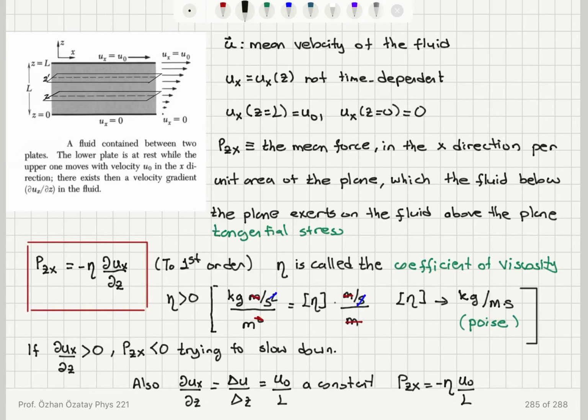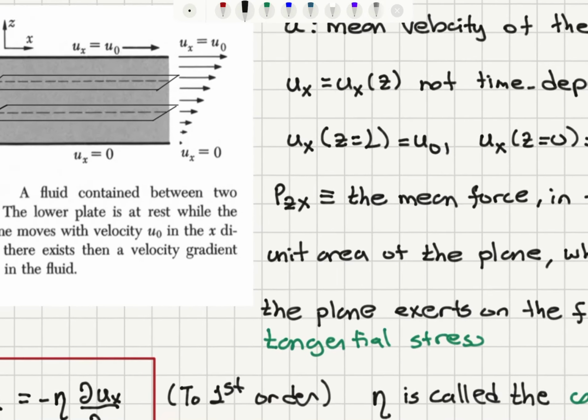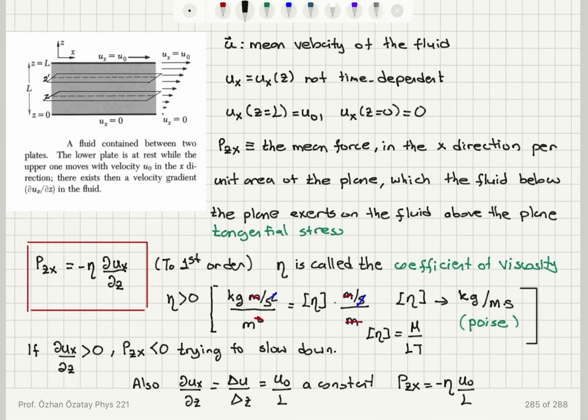By doing a simple unit analysis, we see that the unit of eta is kilograms per meter second, or you can say the dimension of eta is M divided by LT. This unit is called poise, and if the gradient is positive, as you can see in this example, del ux del z is positive, Pzx is going to be negative because eta is defined as a positive coefficient.